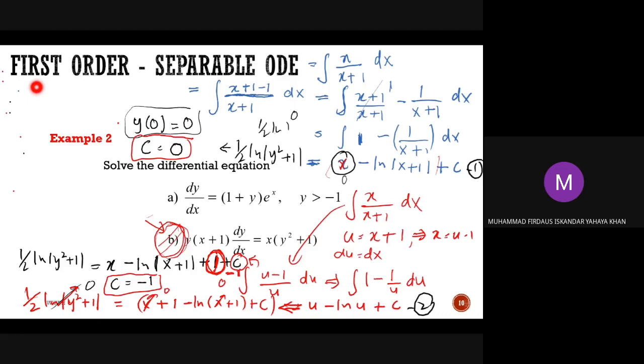Tapi end up yang C tu akan cancel dan akan dapat sama dengan equation 1 nanti apabila kita gantikan C tu. Faham tak semua? Point saya nak cakap kat sini, when we have a constant inside, basically sebenarnya kalau kita solve, kita gantikan benda ni, 1 plus C ni akan jadi satu C yang besar. Okay, because integration ni, when we integrate 1, X ni can be any number.